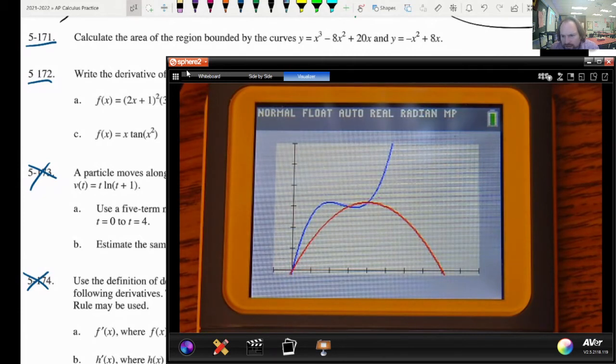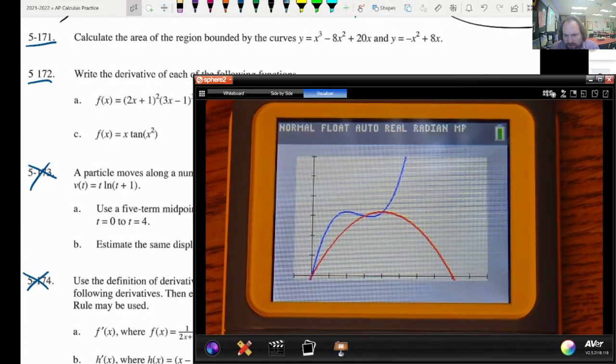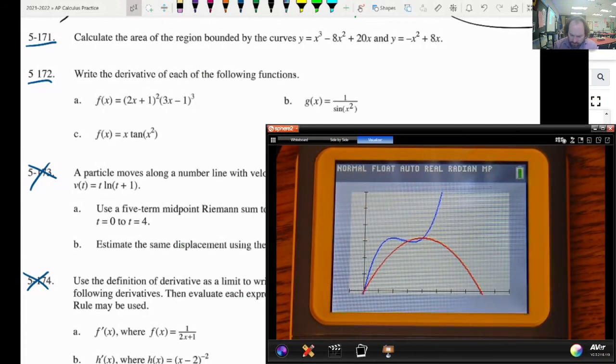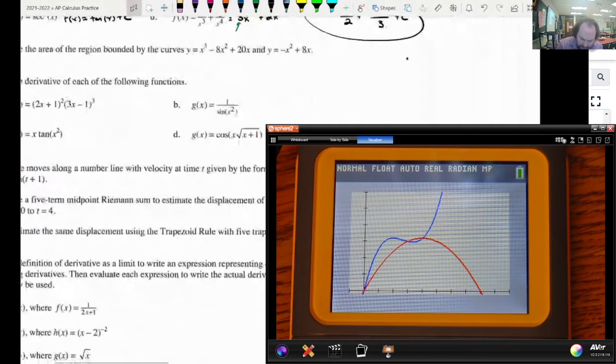I do think it's true that if we plug 0 into either one of those functions that we get 0. So I know they do cross at the point (0, 0) to begin with. Now just to help color code things in our head, this is the blue function, the cubic function, and this is the red function, the quadratic function. So the first integral that we're going to need to calculate is the integral from 0 to something.